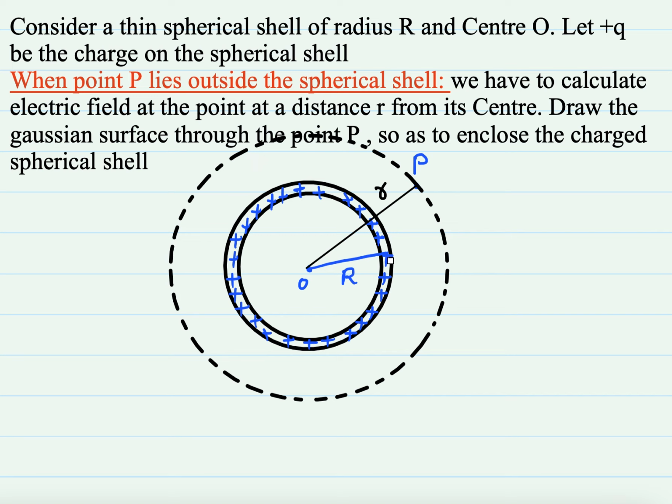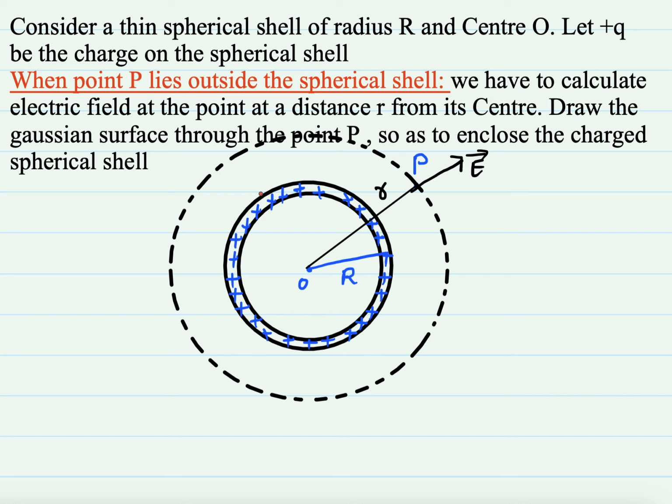The Gaussian surface is a spherical shell of radius small r and center O. Let E be the electric field at a point P due to the positively charged spherical shell. This is the direction of the electric field due to positive charge, E vector.